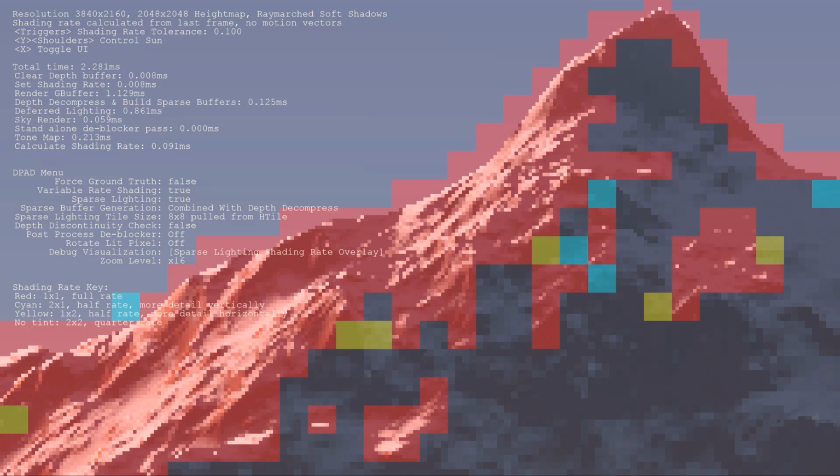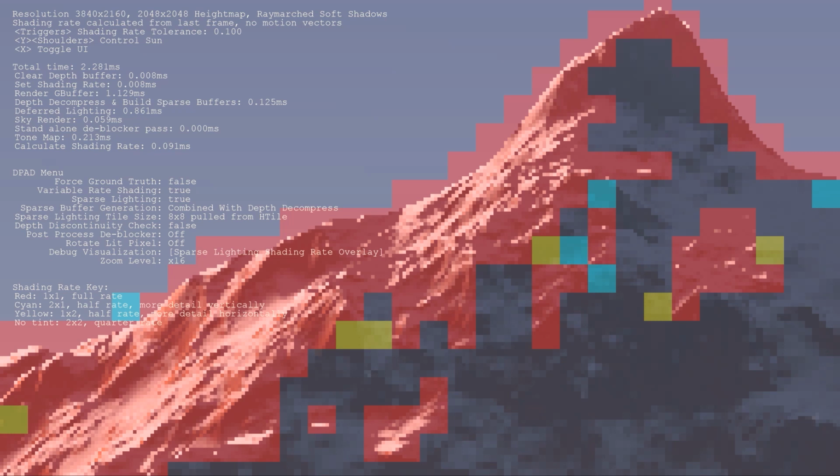So here we are at 16 times magnification, and I've actually left the debug text visible this time to show that these are in fact different images, and I'm not accidentally showing the same image on multiple slides. But here we have a 16x magnification of this peak with the shading rate shown in debug.